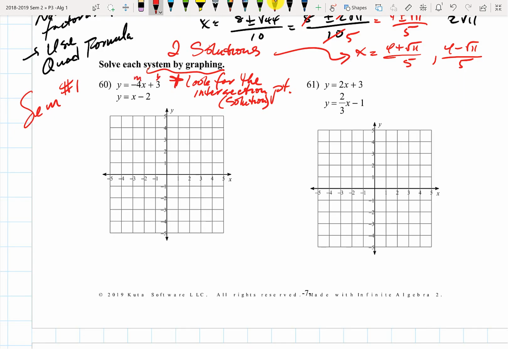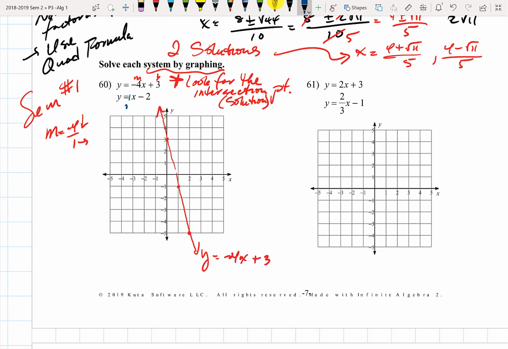Using slope and y-intercept, starting at 3, you go down 4, right 1, down 4, right 1. Slope of -4 means down 4, right 1. So you sketch your graph. This is y equals -4x plus 3.